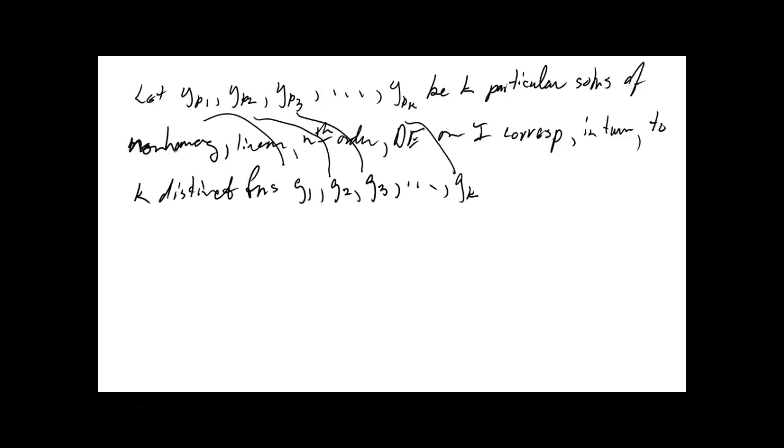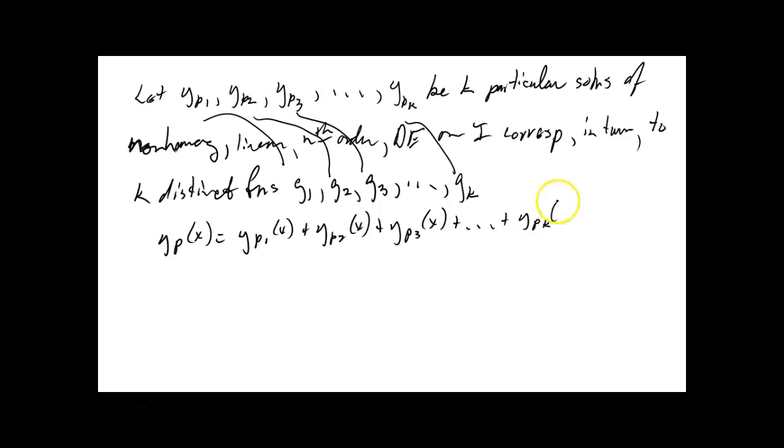Well then, you add all of the particular solutions together, superposition, no arbitrary constants for any of them. So that then means your particular solution for that particular non-homogeneous form that has all those together is y sub p1 of x plus y sub p2 of x plus y sub p3 of x plus dot dot dot plus y sub pk of x.